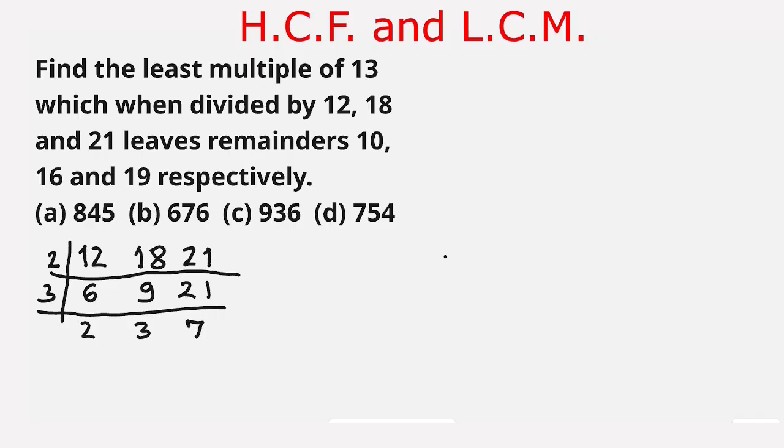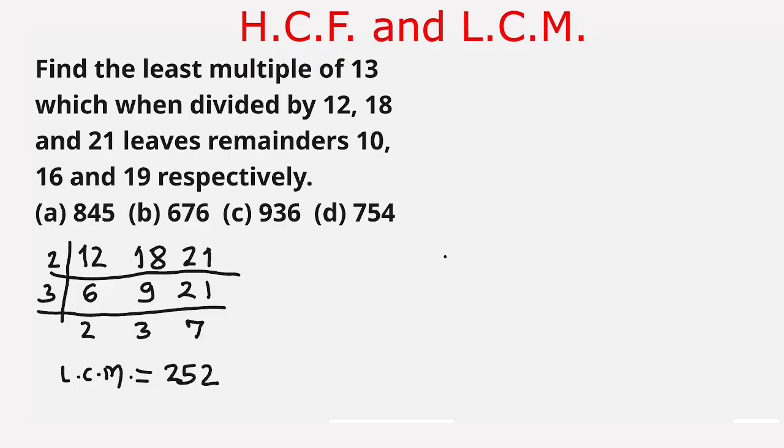Now 2, 3 and 7 are co-prime numbers. So we directly multiply and find our LCM. 7 times 3 is 21, 21 times 2 is 42, 42 times 3 is 126, and 126 times 2 is 252. So LCM is equal to 252.